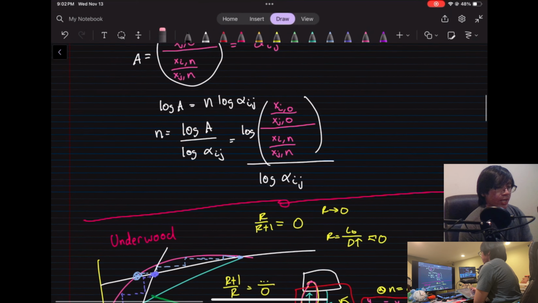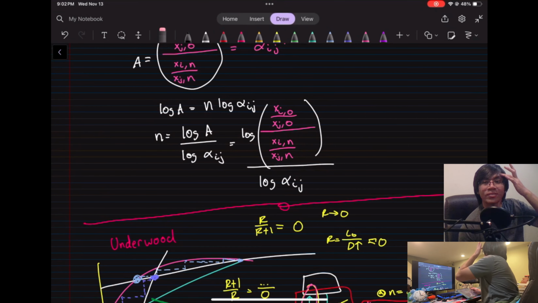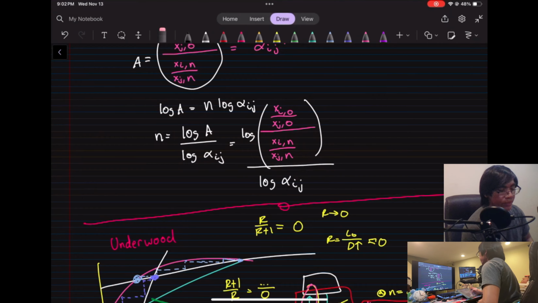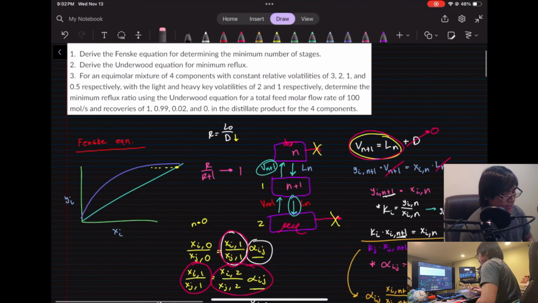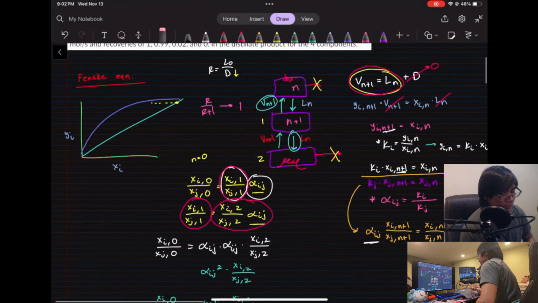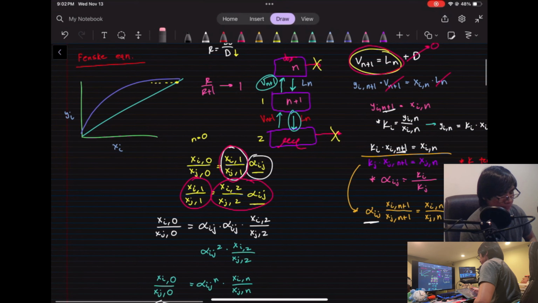Also, you could do this at in-between stages, but usually the whole point is to get the total minimum number of stages. So that is at reflux at 0, so no feed, no bottoms.